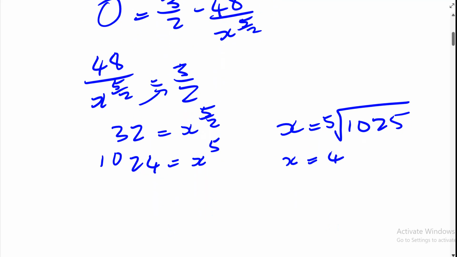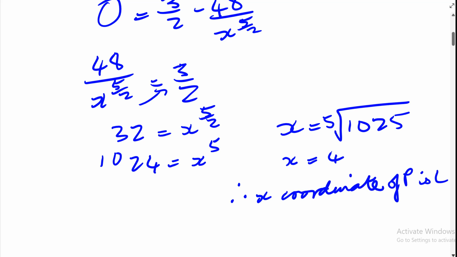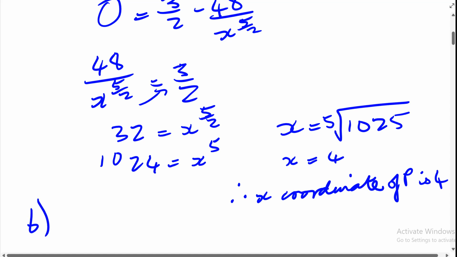So that's what we were asked to find. We could just write down, therefore, the x coordinate of P is 4. Part B is telling us to find this shaded region.